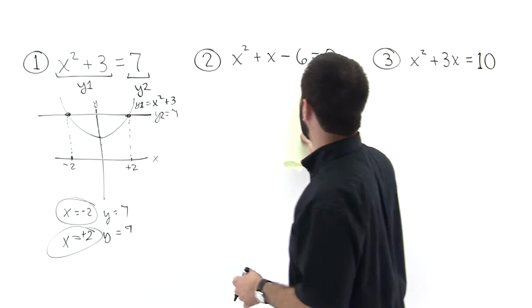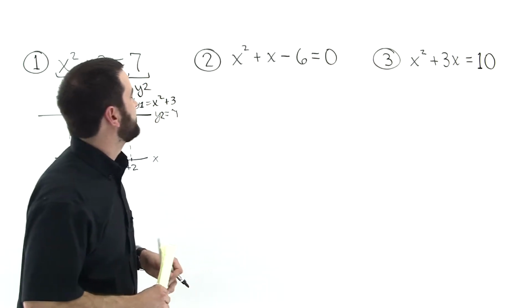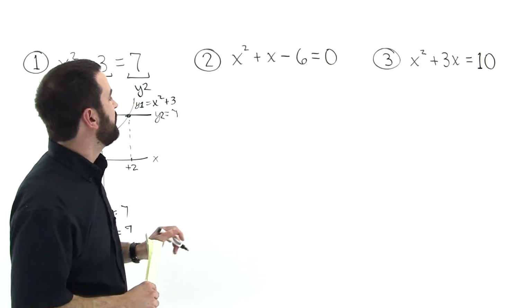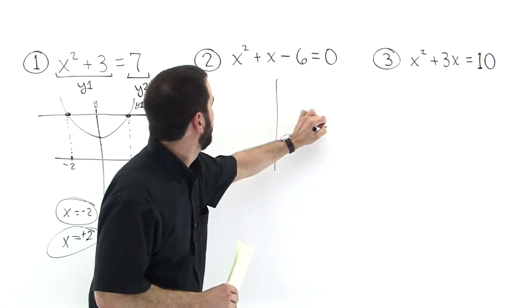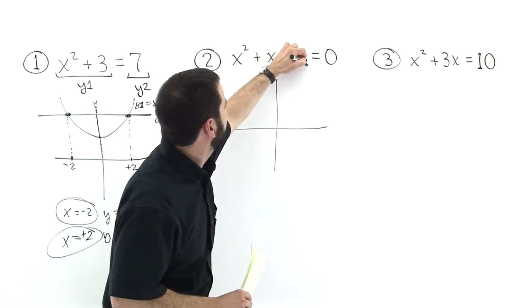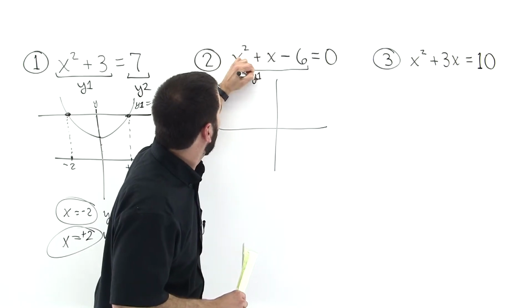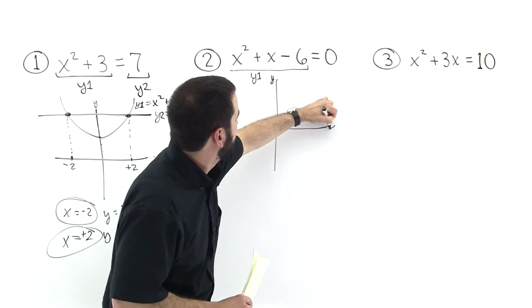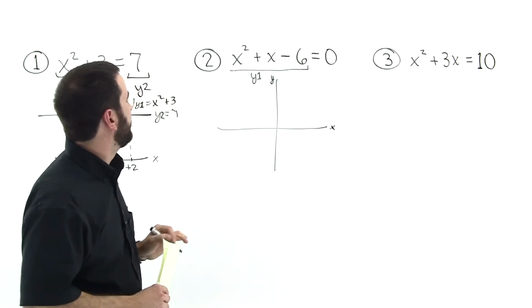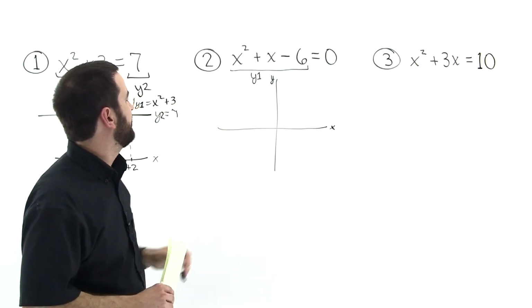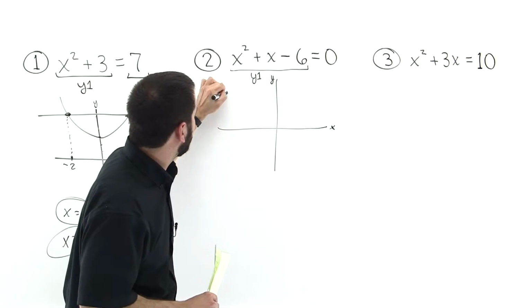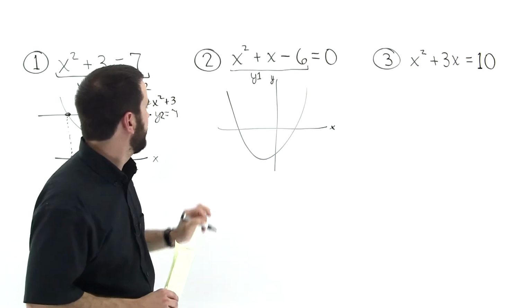Okay, then we have this one, x squared plus x minus 6 is equal to 0, and if we graph this one, we're letting this equal y1. So this is the x-axis and the y-axis. And when you graph that, you'll get something like this, right?